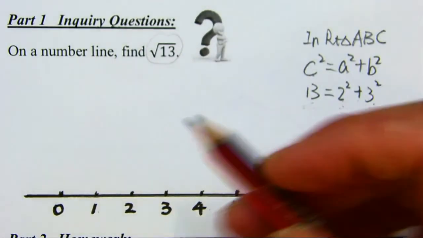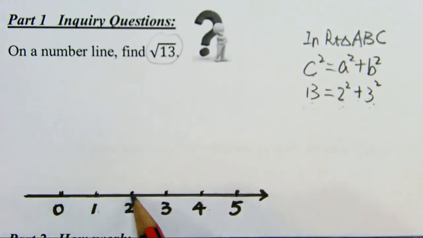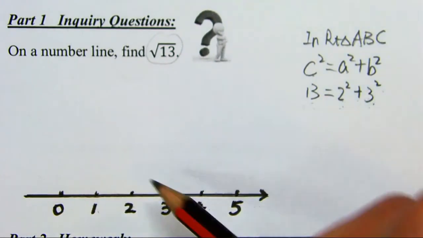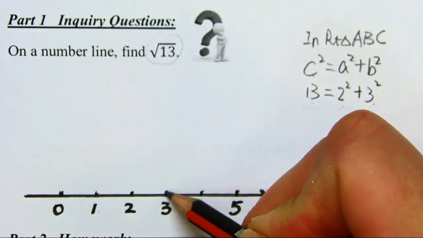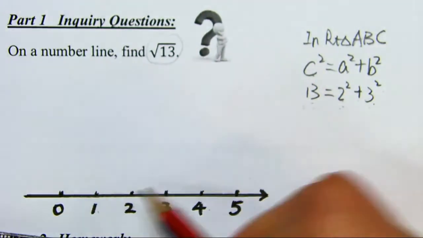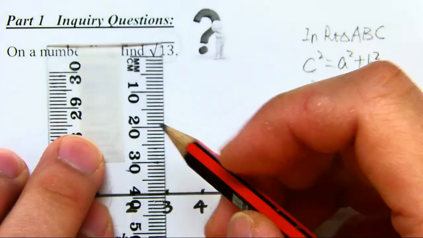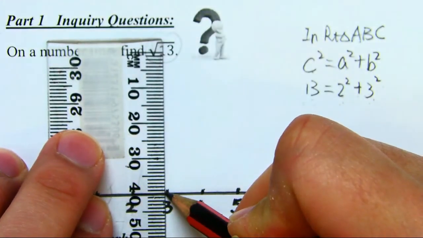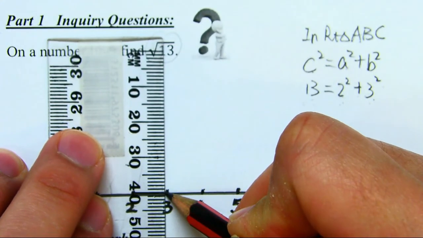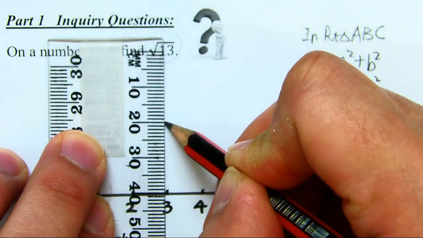So let's draw that on the number line. We find 3 here, so there are 3 units, and then I draw another 2 units. Like I said, 2 and 3 should be the right angle sides, so I draw the perpendicular line.